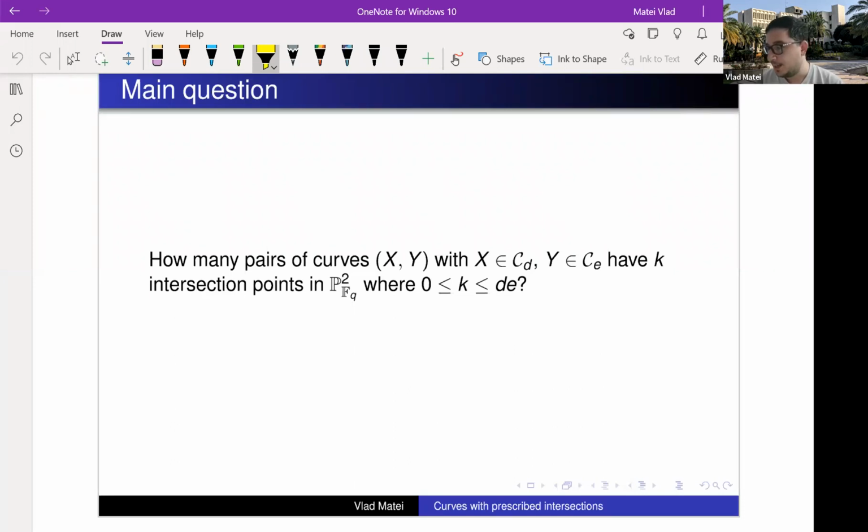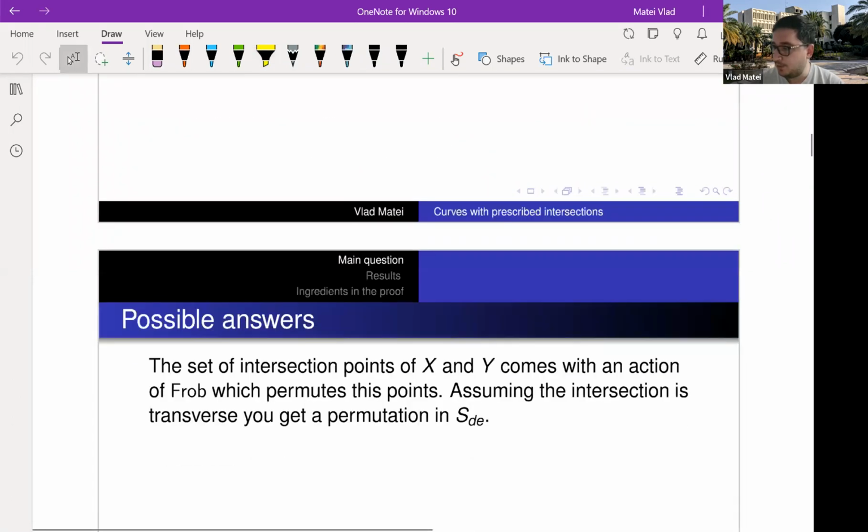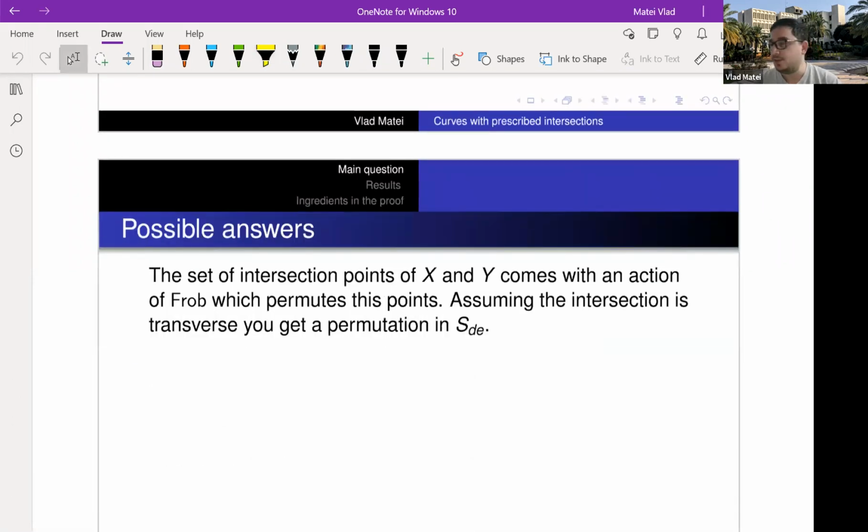So that's the main question. I want to tell you a little about some general answers that we have to this question before I get into anything else. Let me first make this remark: if you take the intersection points of these two curves, what you get is an interesting set, but it also comes endowed with the action of the Frobenius.